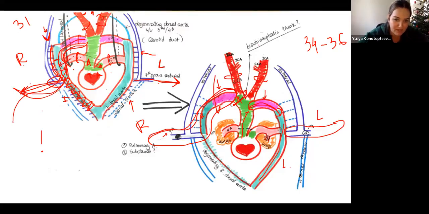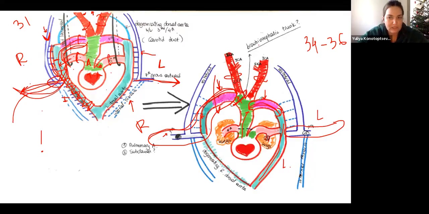So there is a gap right now here. So the next thing that the recurrent laryngeal can hook around, which vessel is a bit up, is the 4th aortic arch. And we know that the 4th aortic arch on the right side is responsible for giving rise to the proximal part of the subclavian. Hence, recurrent laryngeal hooks around it.